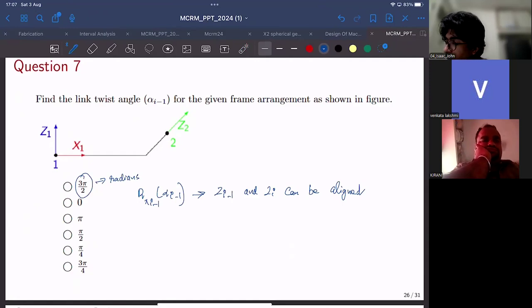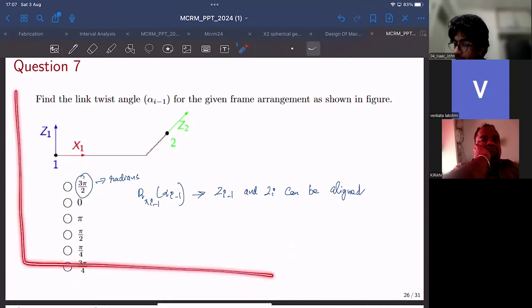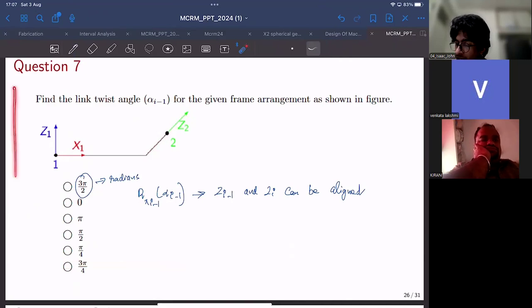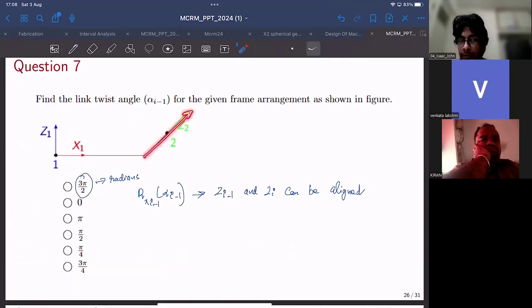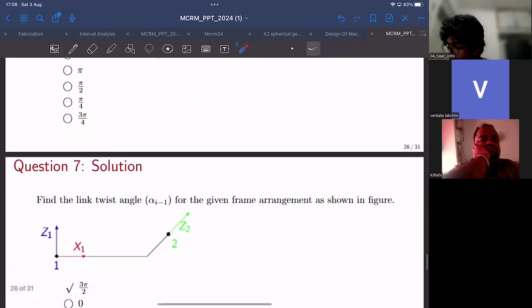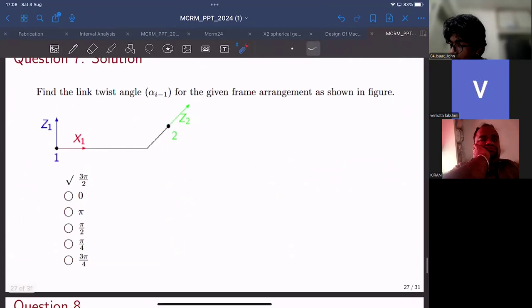But if we draw a vector like this, it basically means it's going out of plane. The 2D will be parallel to the drawing board, and anything going in this direction should be out of plane. So 3 pi by 2 would be the answer, because you have to rotate it by 270 degrees so that Z1 will be parallel to Z2.